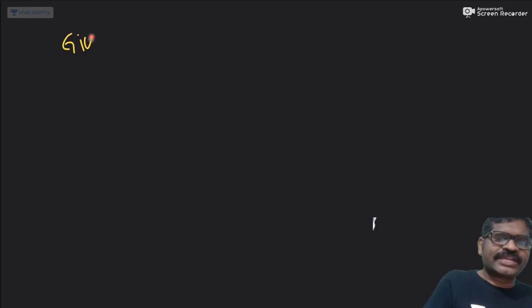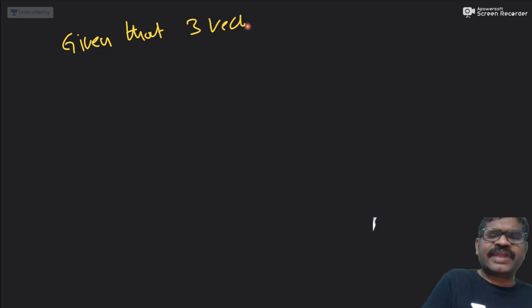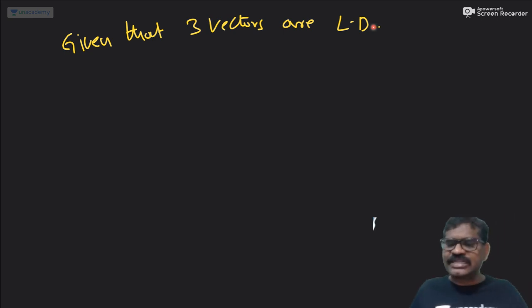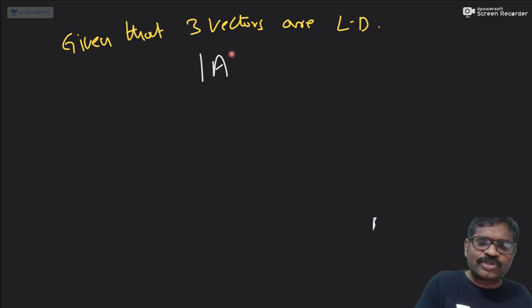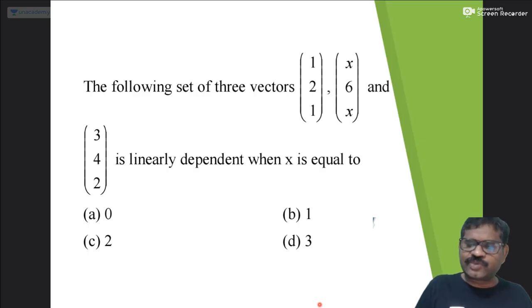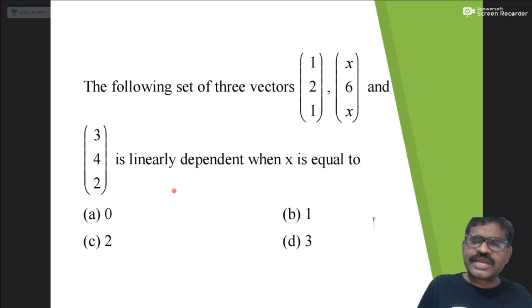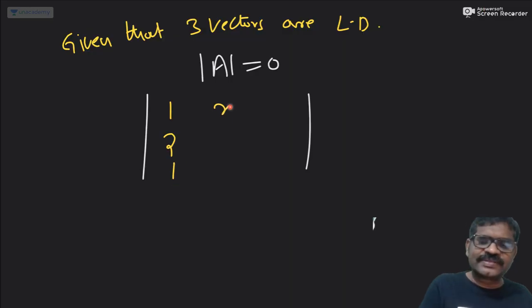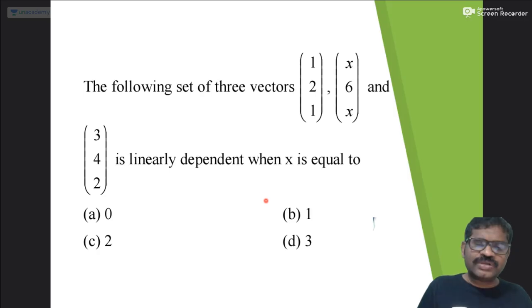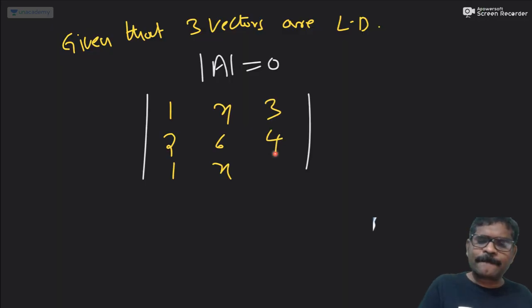Given that three vectors are linearly dependent, since they have given dependent, I am taking det A equal to 0. Arrange the vectors in the matrix: 1, 2, 1; x, 6, x; 3, 4, 2, equal to 0.